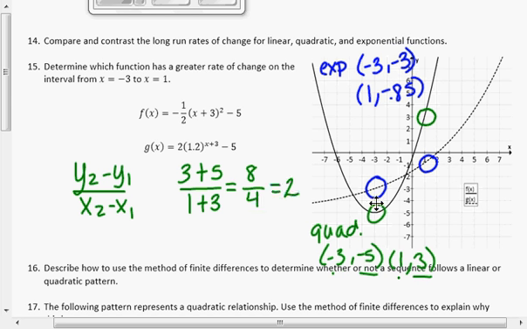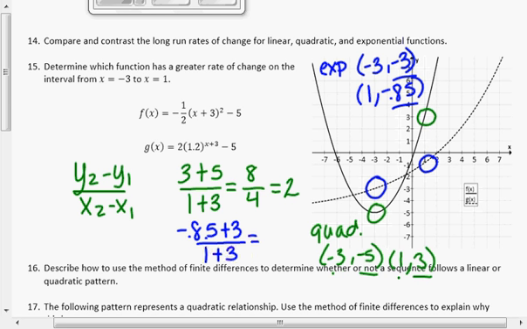Exponential, do the same thing. We have y2 minus y1, so negative 0.85 minus a negative 3 makes it a positive 3. And then 1 minus a negative 3 makes it a positive 3.